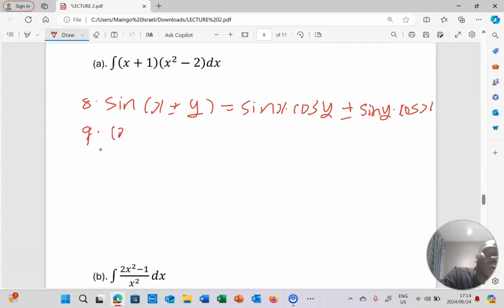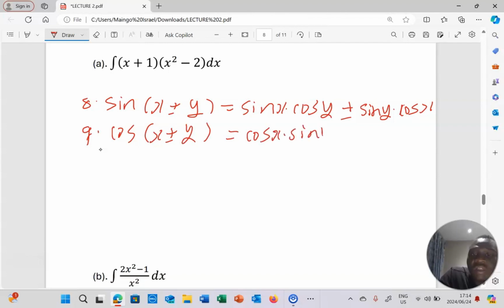Number 9, we have cos of x plus or minus y equals cos of x times cos y minus or plus sine x times sine y. If it's plus it should be minus on this side, if it's minus it should be plus on this side.